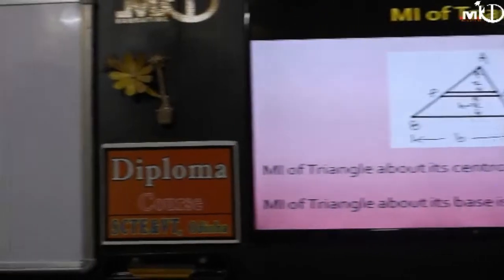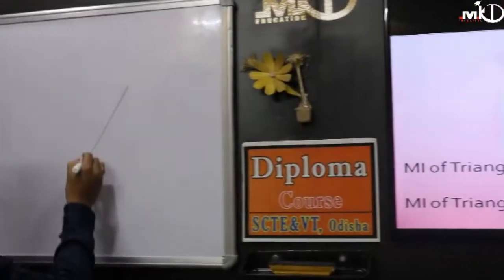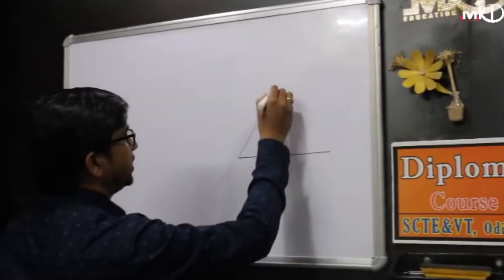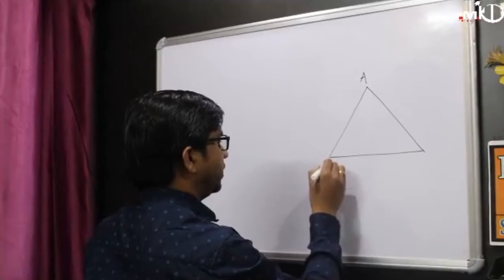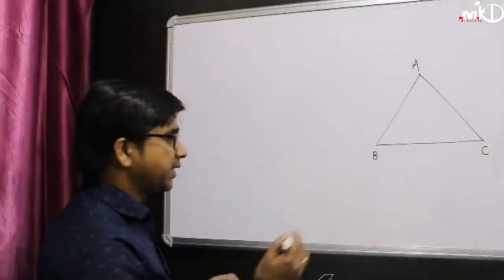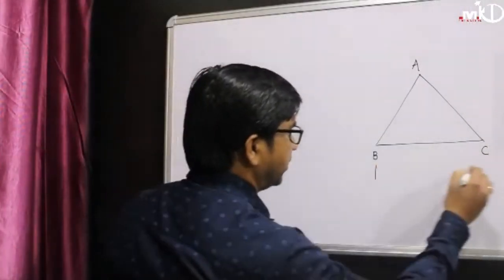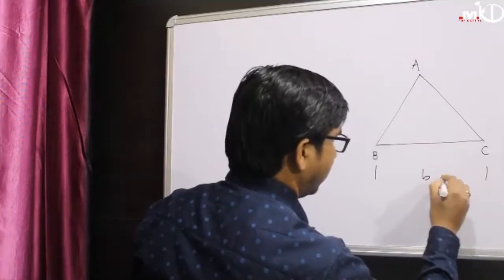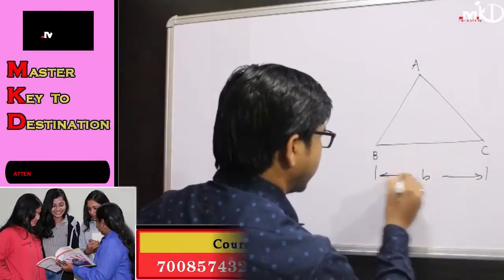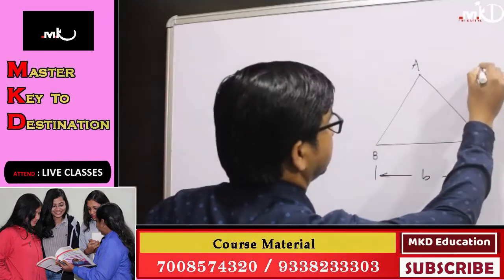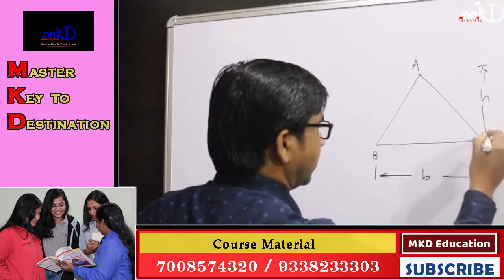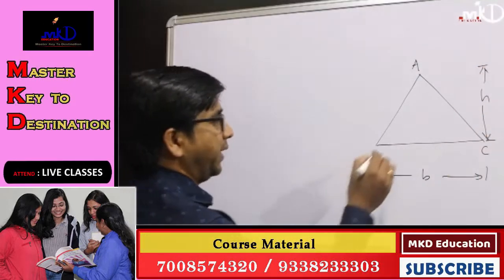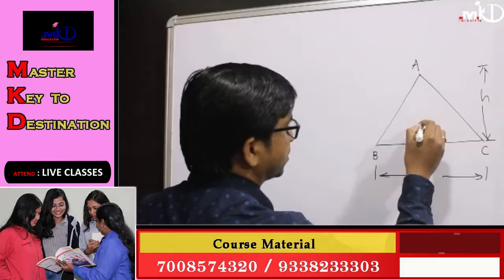So now I am drawing the triangle. This is your triangle ABC. The base of the triangle is let B and the height of the triangle is h. So the moment of inertia of this triangle, first we have to find the moment of inertia about the centroidal axis.